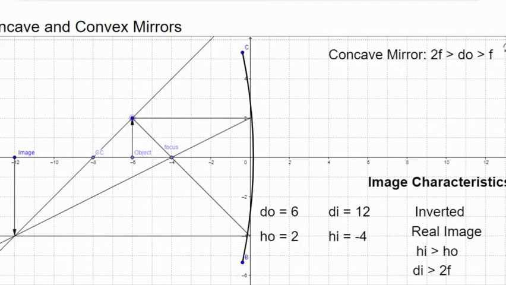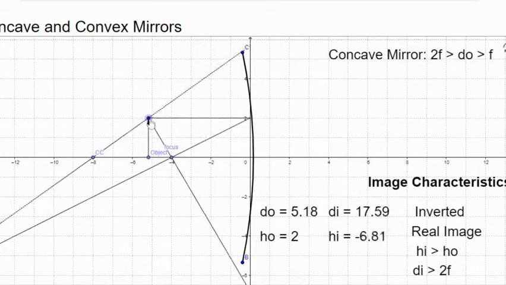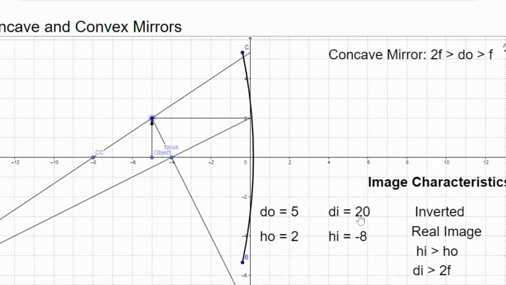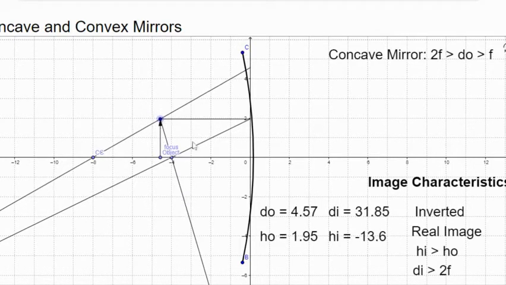What you might notice is happening is the point right here, where the reflected light rays intersect, continues to move farther and farther away from the mirror. And that's why the image moves farther from the mirror. At this point, the image distance is 12. At this point, the image distance is 20. At this point, the image distance is more than 30.